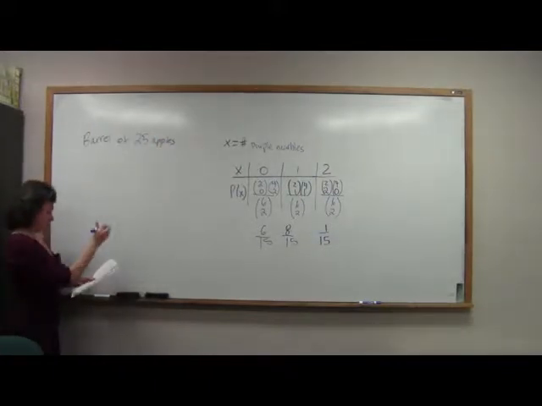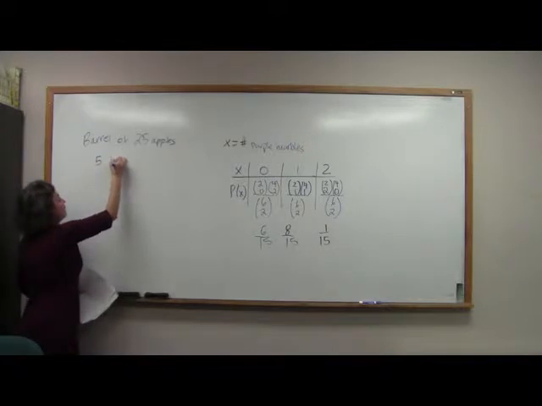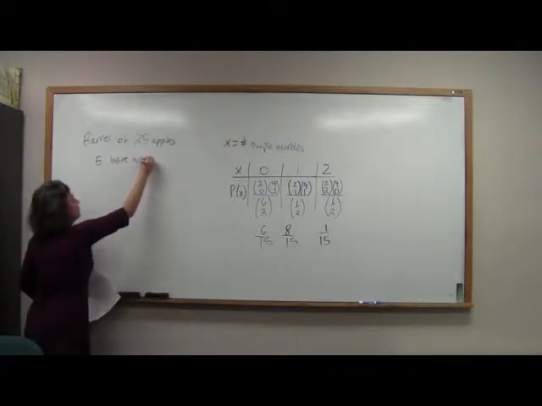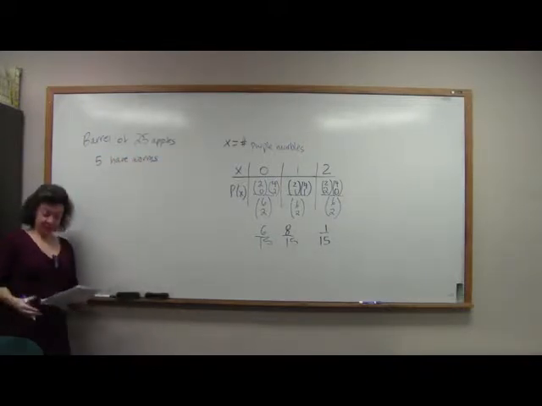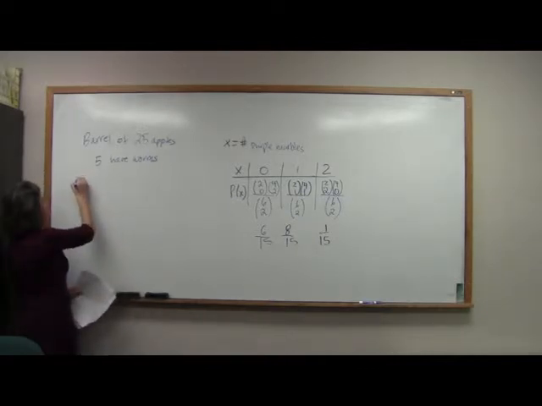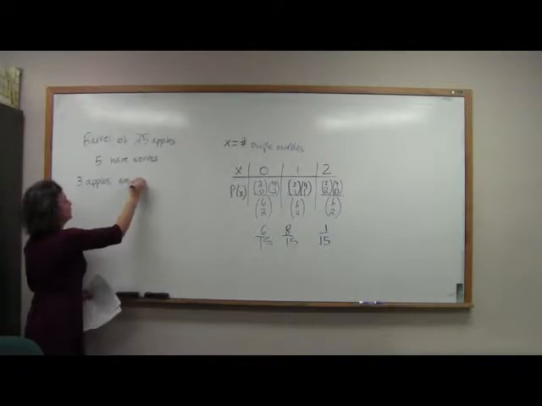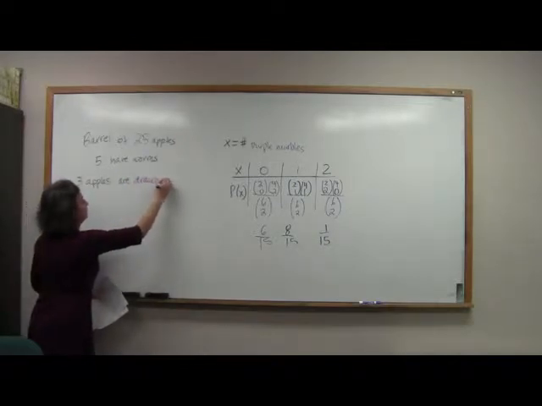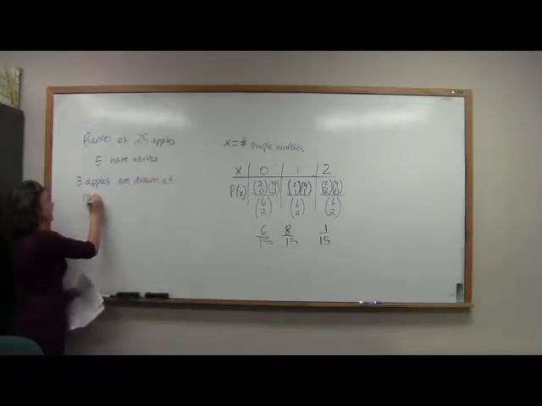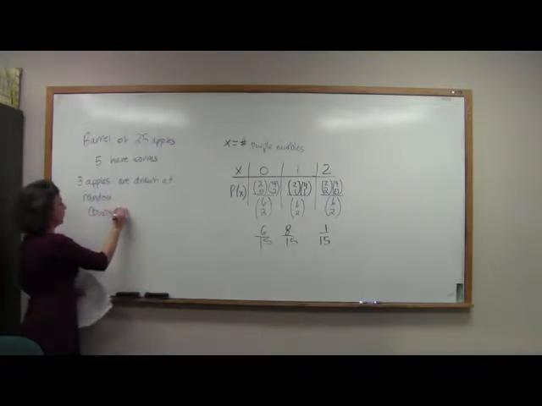And in that barrel, 5 have worms. And then the rest are good. And suppose 3 apples are drawn at random. And what we want to do is count the number of wormed apples.